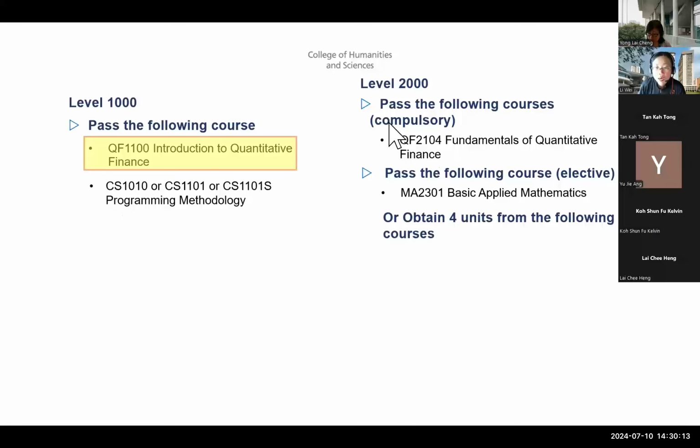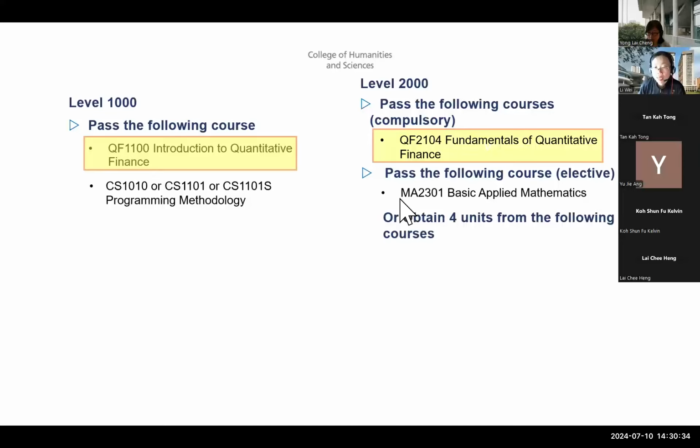One is our QF course, QF 2104, Fundamentals of Quantitative Finance. This is essential for us. And the other course, our aim is to have students trained in probability, linear algebra, and calculus. So there are 2 options for the students.